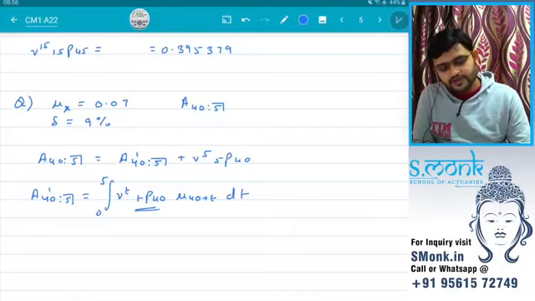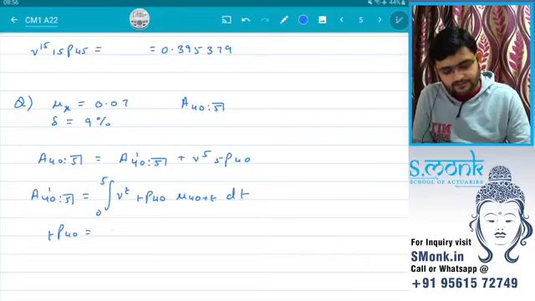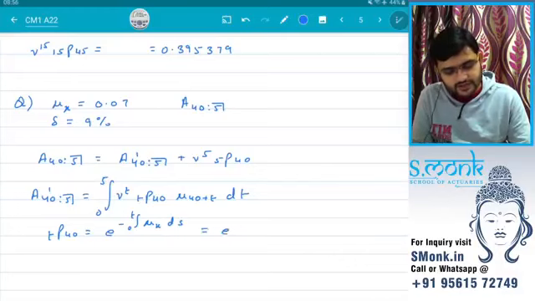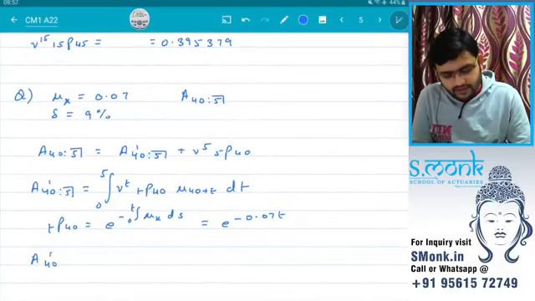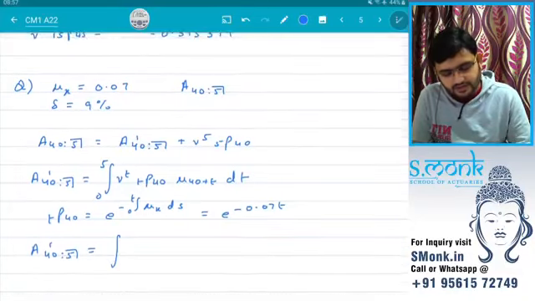We'll have to calculate what tp40 is going to be. So tp40 will just be e raised to minus integration 0 to t mu x ds. Mu x is just a constant, that is 0.07. So this just becomes e raised to minus 0.07 t. So A40 dash 5 would be integration 0 to 5.